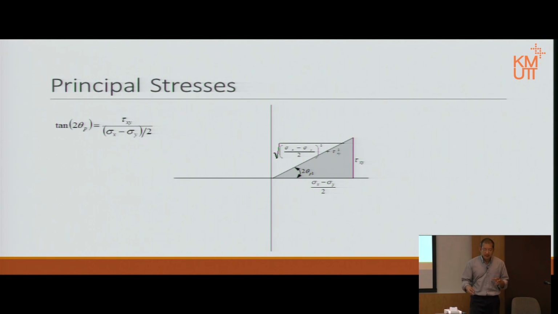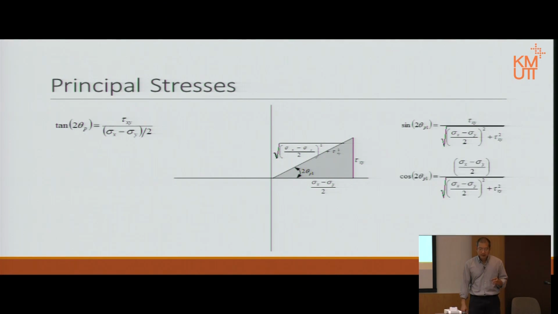Once we get that, we can actually tell what sine 2 theta p1 and cosine 2 theta p1 are. Okay, just normal trigonometry. Now, notice that once we have these two terms, the equation we have is already in terms of sine 2 theta and cosine 2 theta.